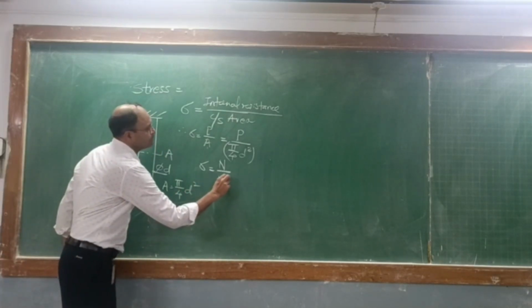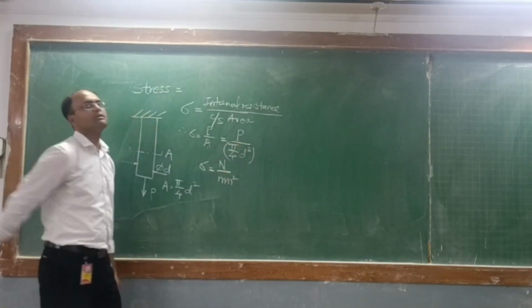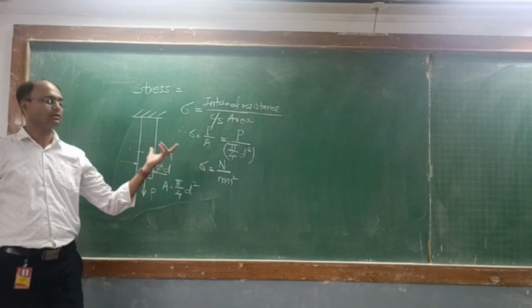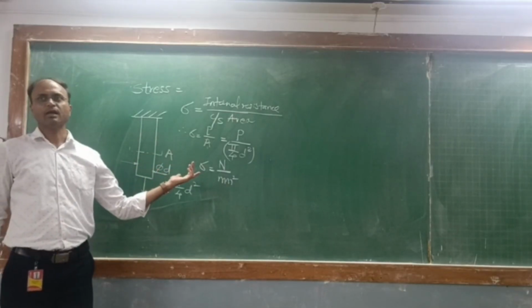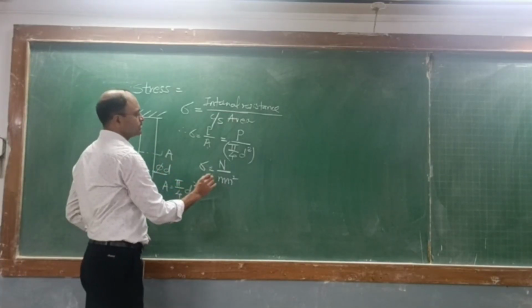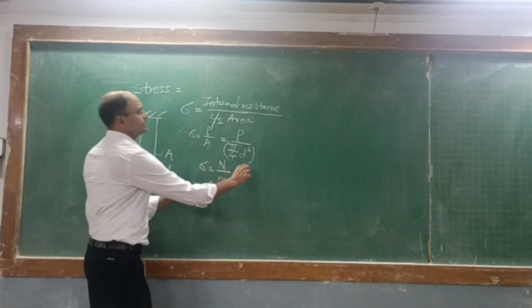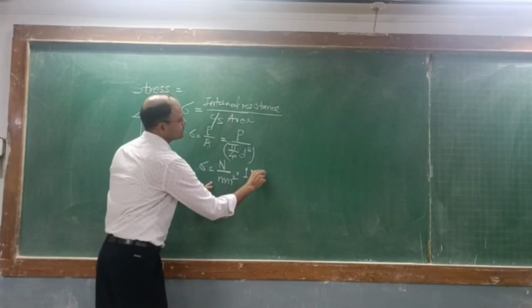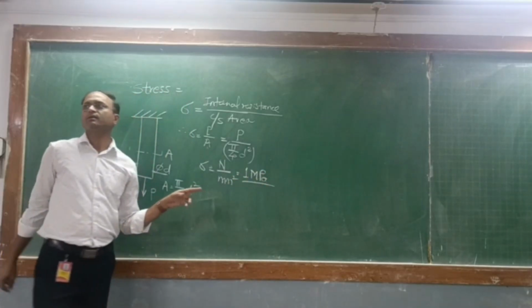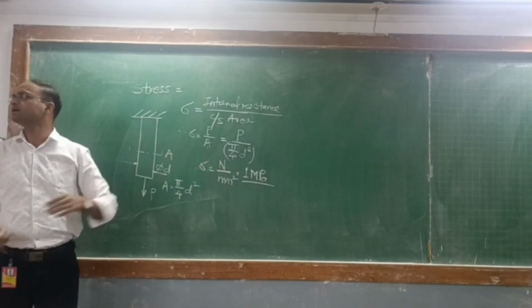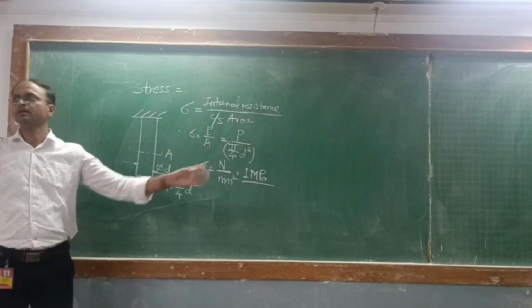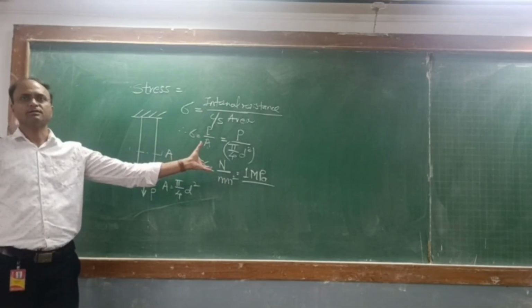So Newton per millimeter square or Newton per meter square is the unit of stress. Also we studied that 1 Newton per millimeter square is equal to 1 megapascal, 1 MPa. In short, it is called megapascal.